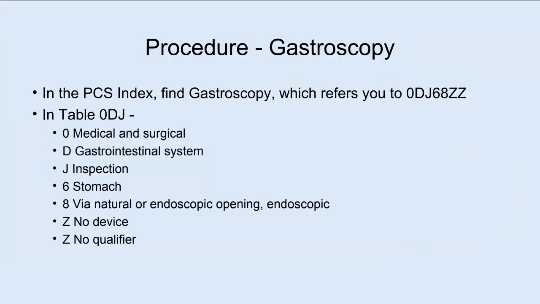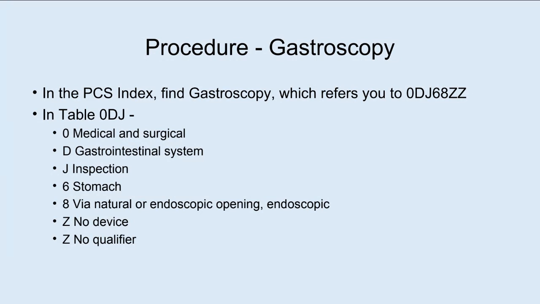So let's start with the gastroscopy. The index gives you the whole code. Wow, 0DJ68ZZ. So this is good, but even so, you should refer to the table in the main part of the PCS book just to be sure.